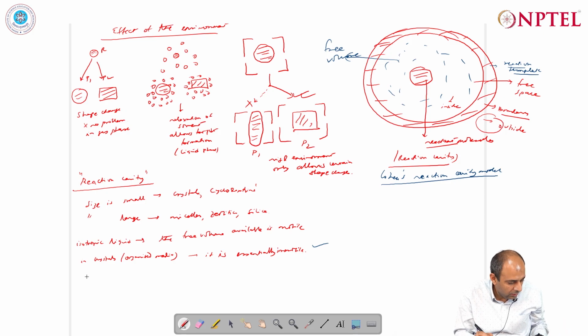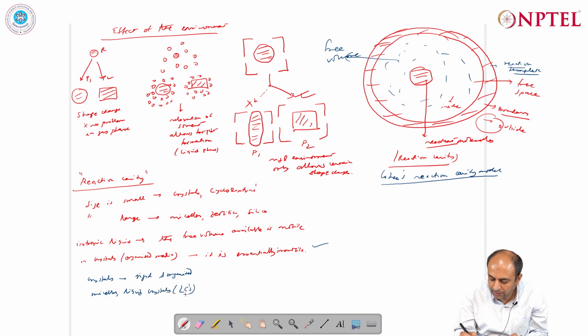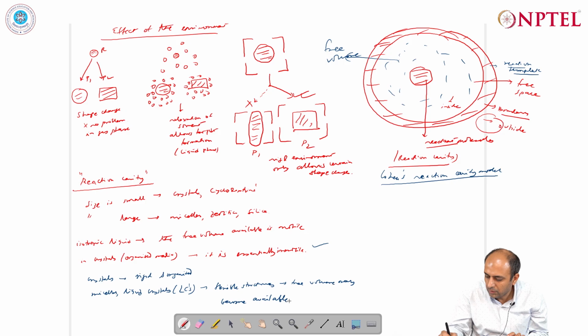In case of crystals, they are rigid and organized, whereas in the case of micelles and liquid crystals, the LCs that we have discussed, these have got flexible structures, and free volume may become available as the reaction proceeds.